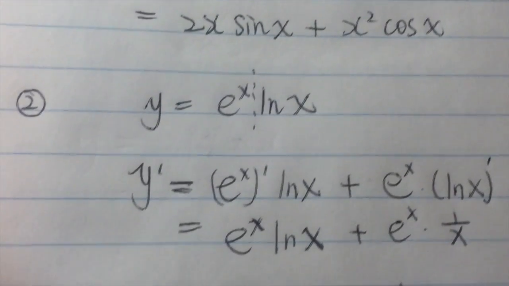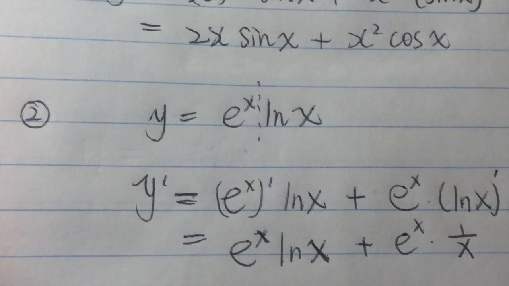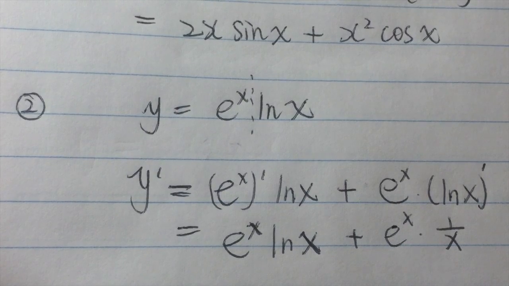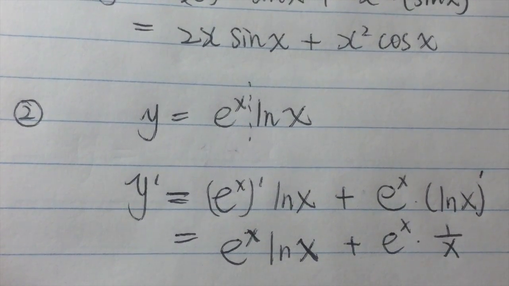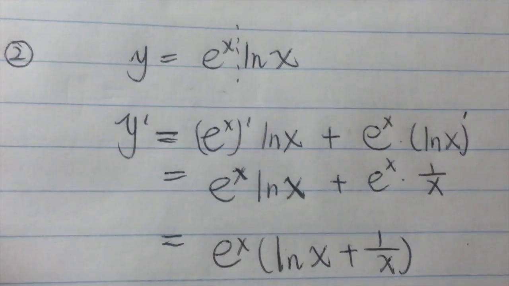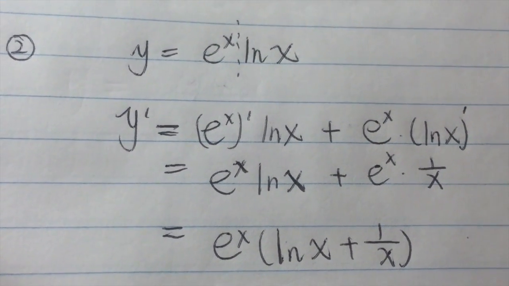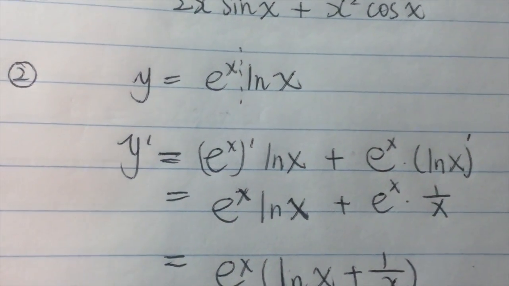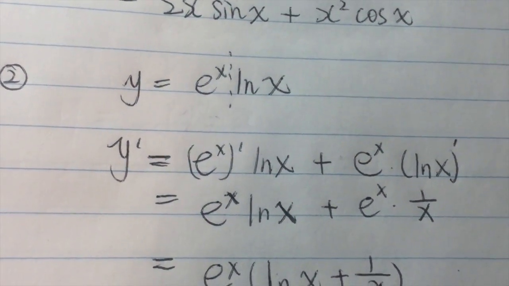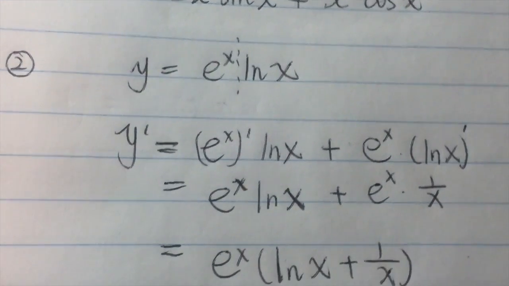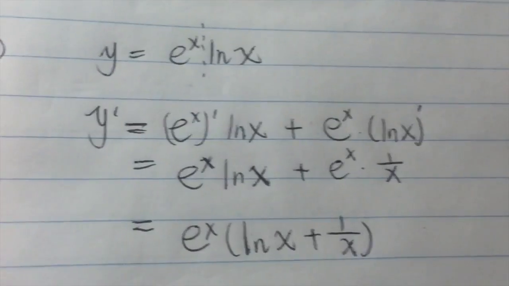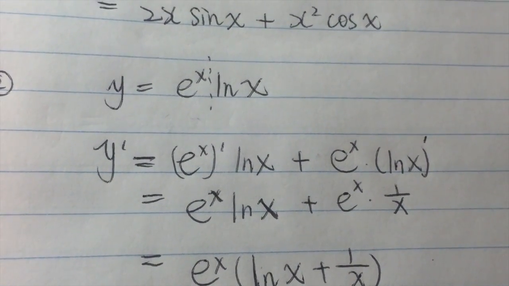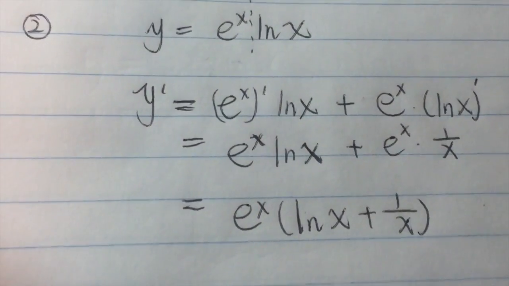Let's see another example. y equals e to the x times ln x. So the derivative of y would be the derivative of e to the x times ln x plus e to the x times the derivative of ln x, which is e to the x times ln x plus e to the x times 1 over x.